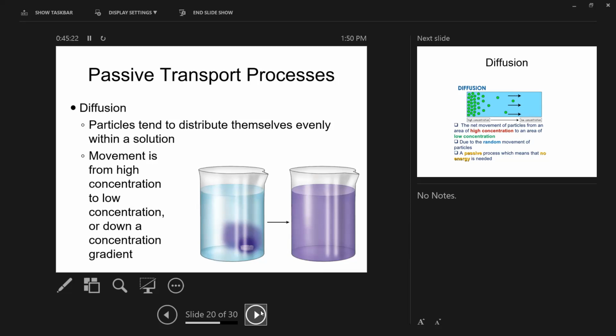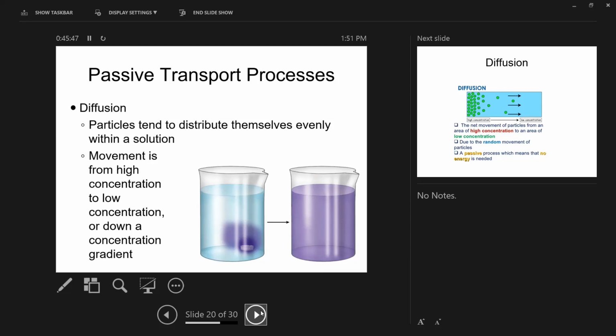down what we call its concentration gradient. If I had a pellet of dye and threw that into a beaker of water, and it was a purple dye, it would be deep purple right around the site of the pellet. And then it would gradually spread across the entire contents of the beaker until we reached equilibrium.